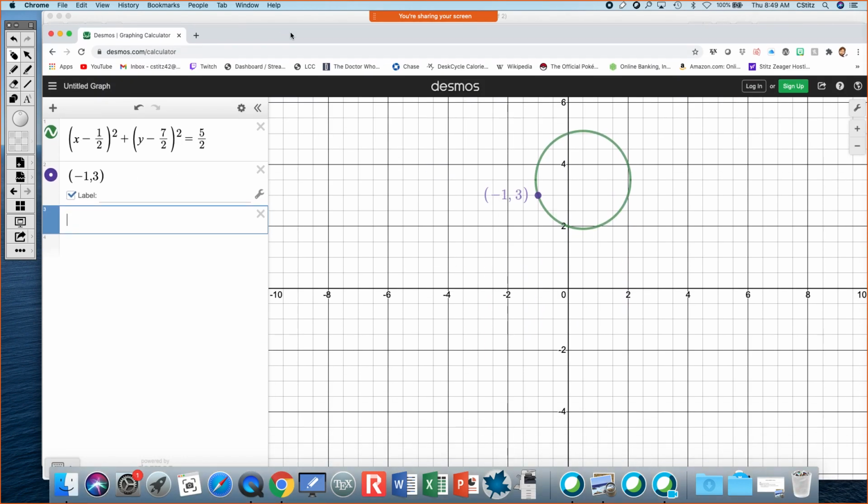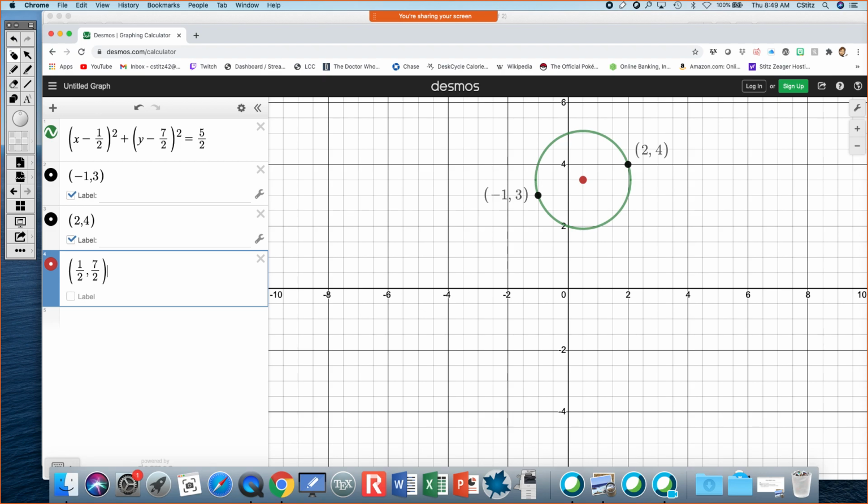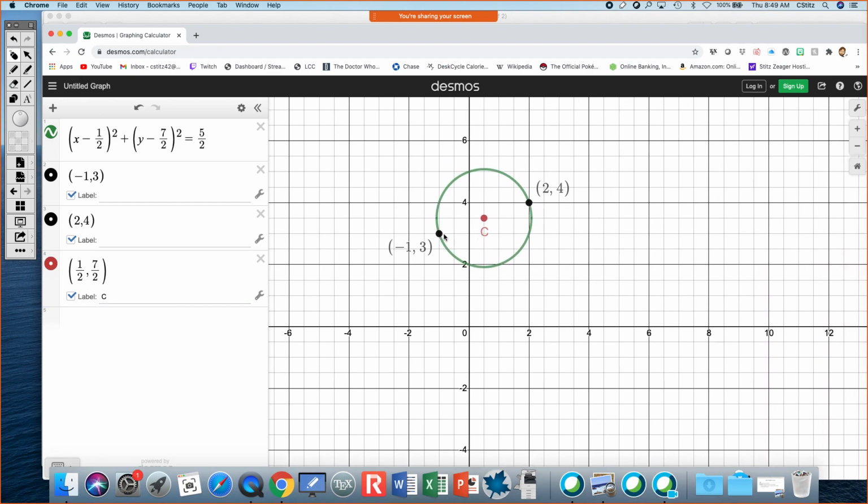And 2, 4. And just for reference, let's put our center in there. 1/2, 7/2. That's our center. Boom. Okay. Seems legit. Seems legit. All right.